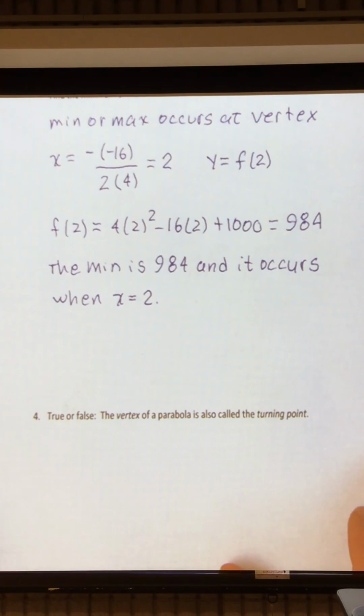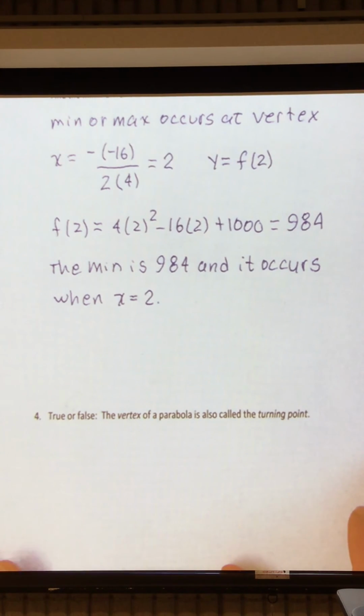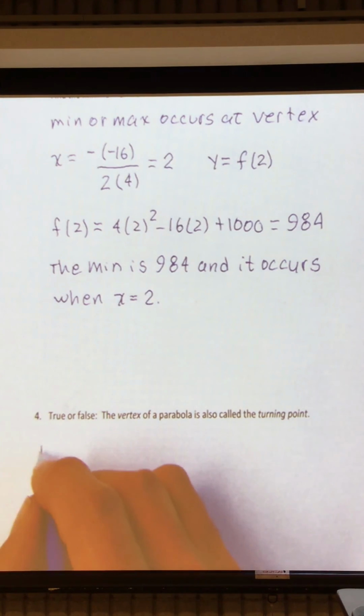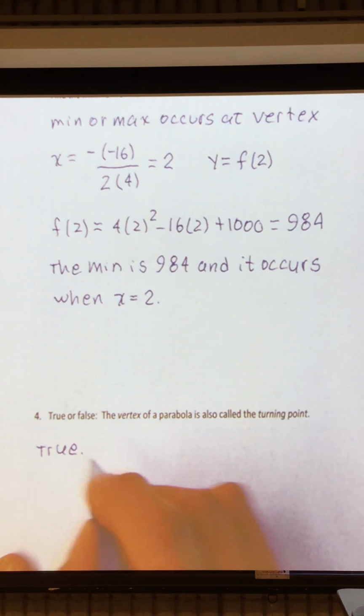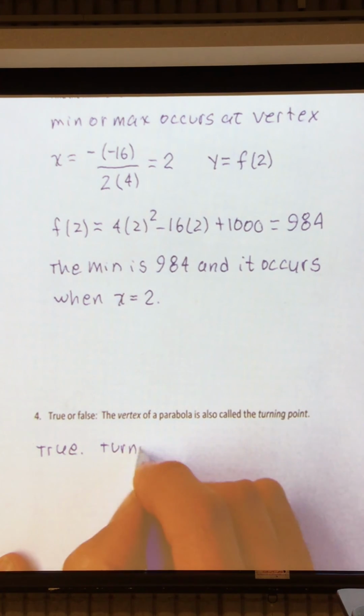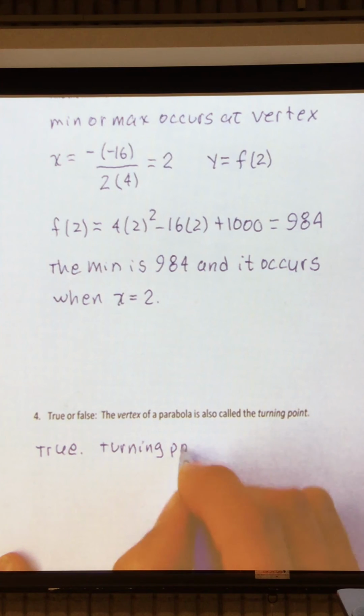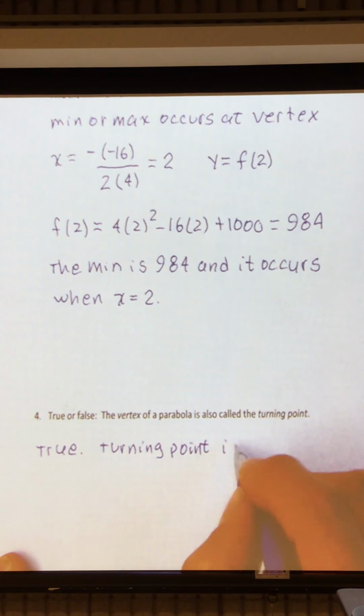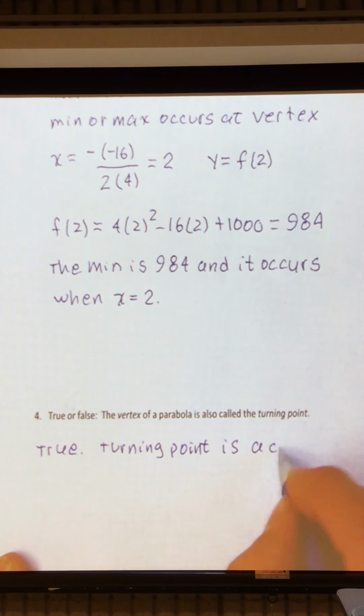The vertex of a parabola is also called the turning point. Is that a true or false statement? That statement is true. Turning point is a change of direction.